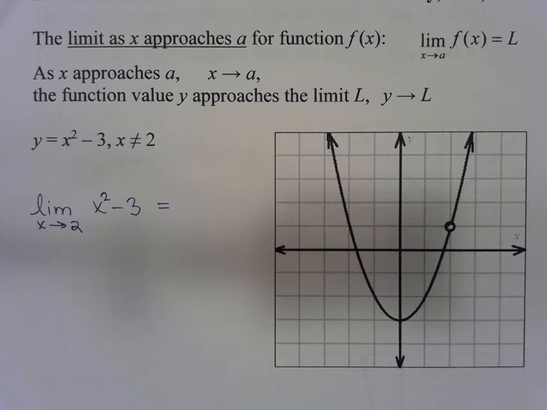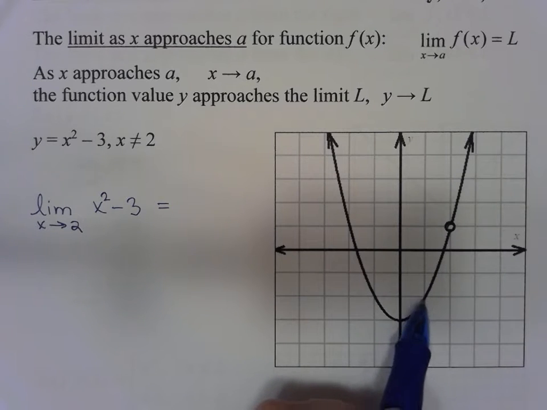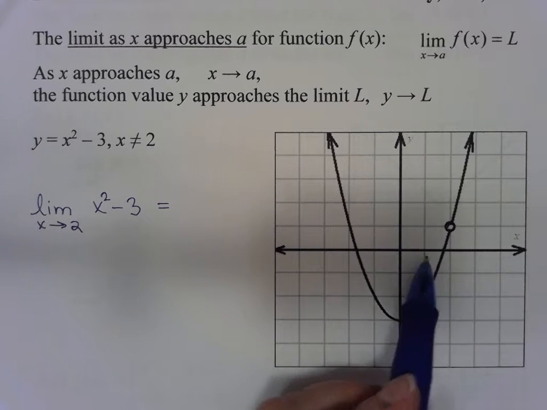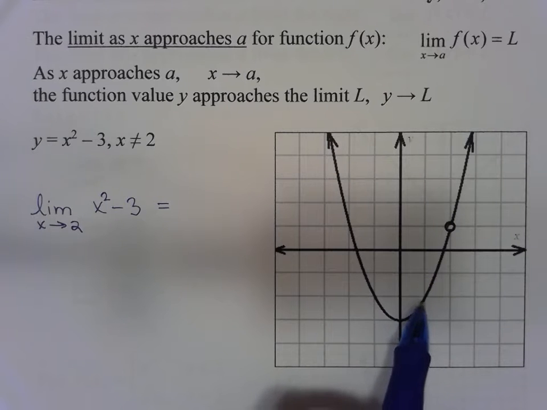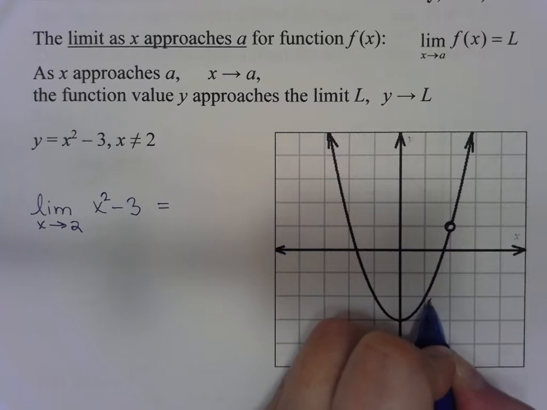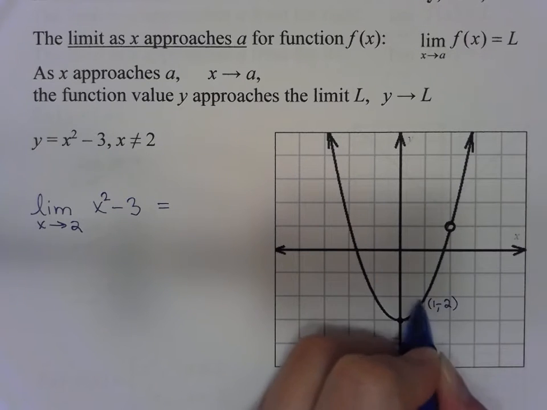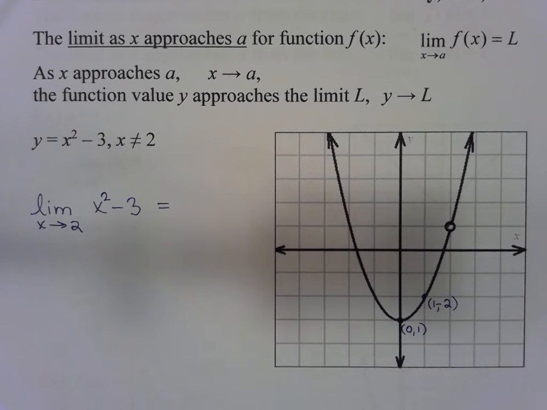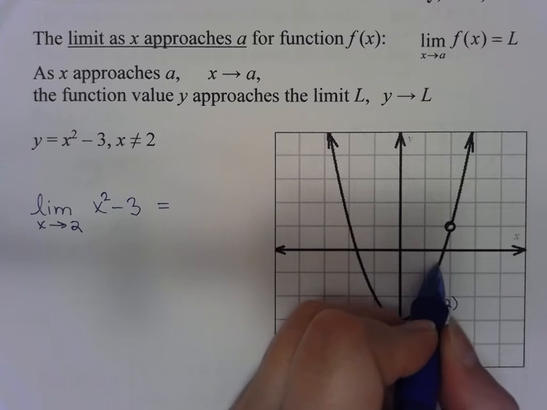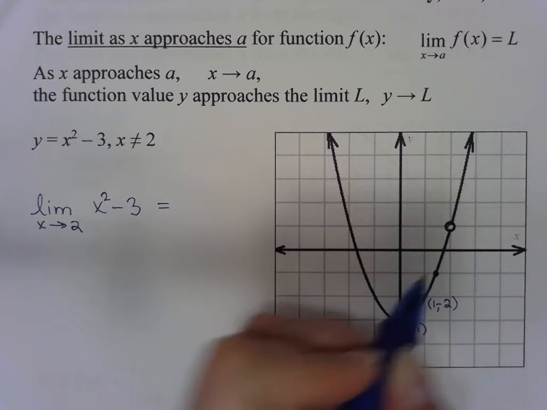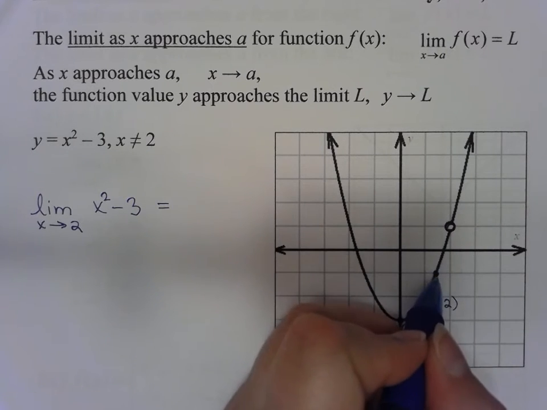Okay, so as x gets closer and closer to 2, here x is 1. We could even label these. This is 1, -2. This is 0, 1. This is what, 1.5, maybe -1.